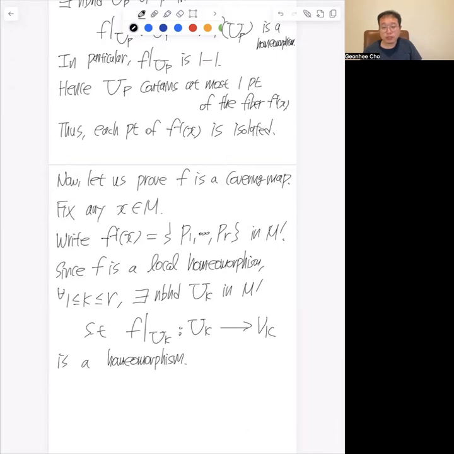So now we know this, and if necessary, we can shrink each of the finitely many U sub k to make the open sets U sub 1 to U sub r all pairwise disjoint.